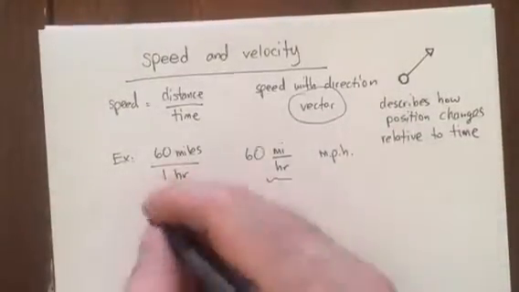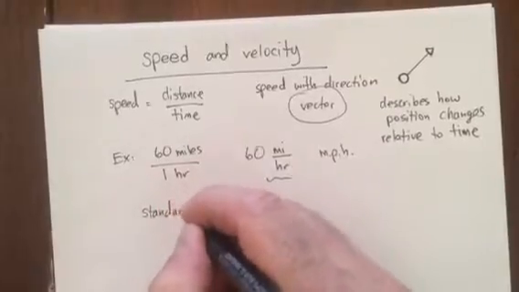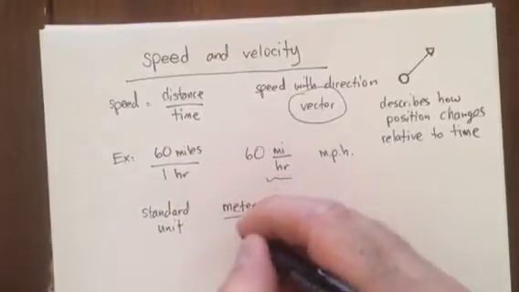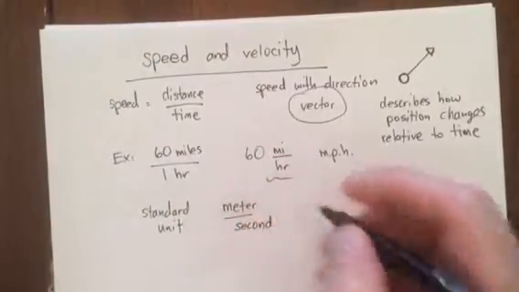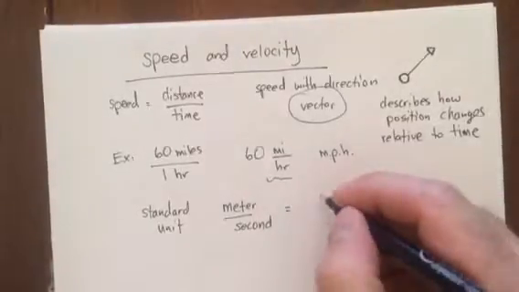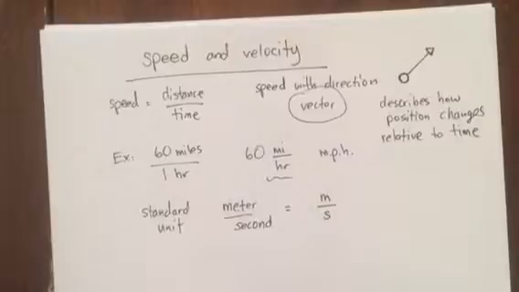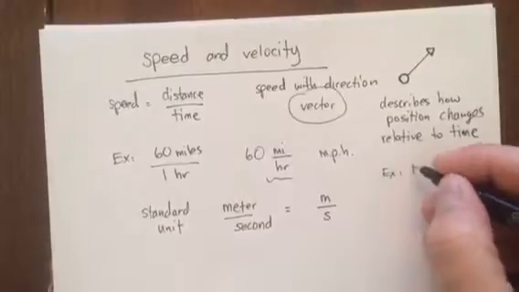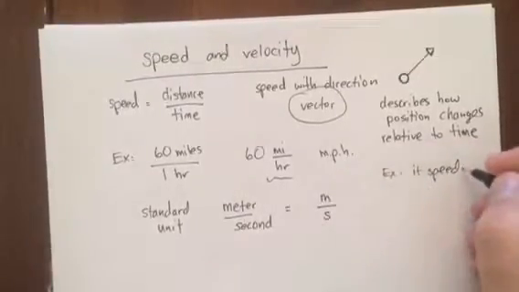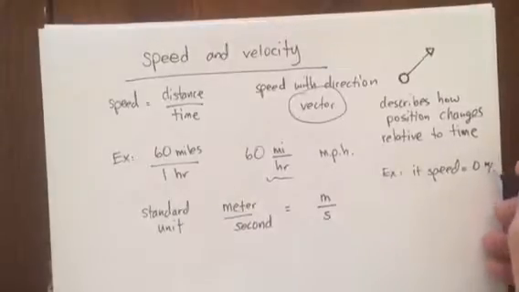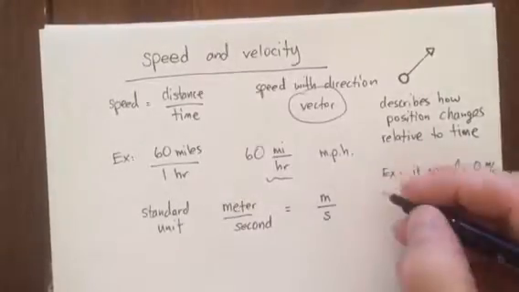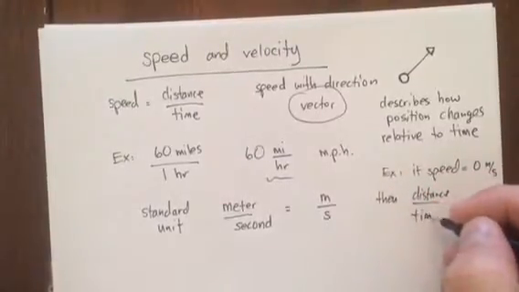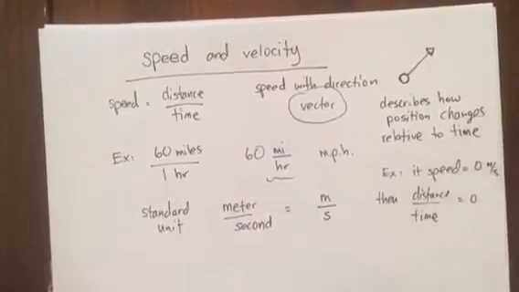The standard unit for speed and velocity is going to be what we're going to call a meter per second. This is abbreviated m/s. Another example. So if speed is 0, let's put a unit on there, meters per second, then the distance over the time is also 0, because that's what the definition is.